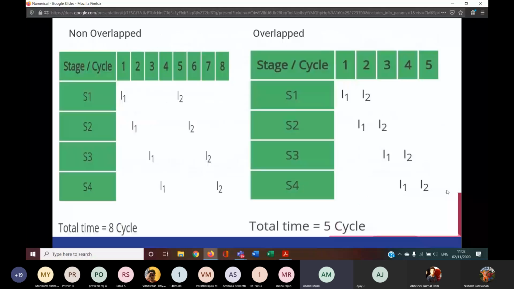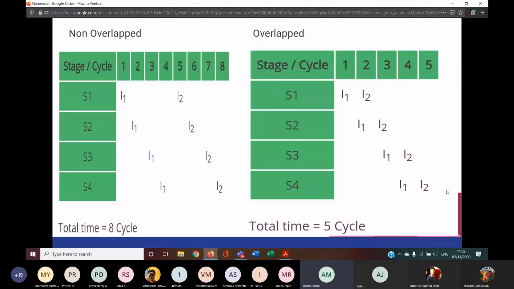Can we go to the next slide? Yeah, so this is a visual representation of why overlapping of instructions can be helpful. As you can see in the non-overlapping cycle, S1, S2, S3, S4 are stages, and every instruction takes 4 stages.